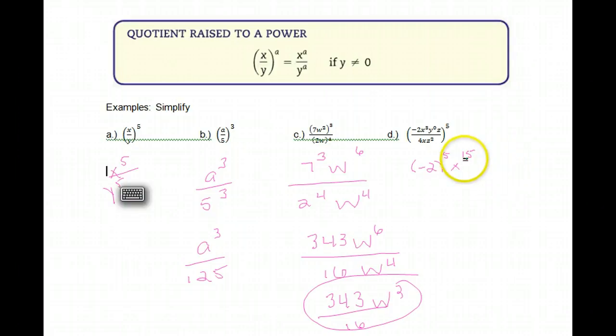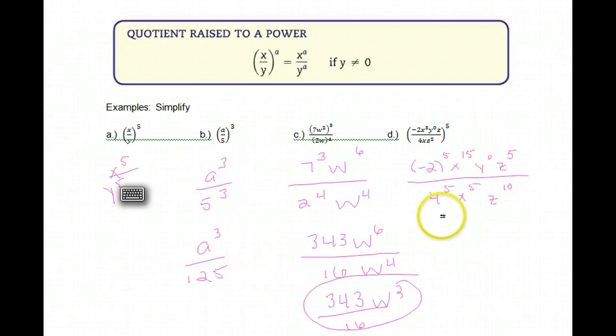When we do 0 times 5, that's still going to stay y to the 0. You don't even need to write it. And then we have z to the 1 times 5 is 5. Now we have to do everything in the denominator to the 5th power as well. So we're going to have 4 to the 5th power, x to the 5th power, z to the 10th power.